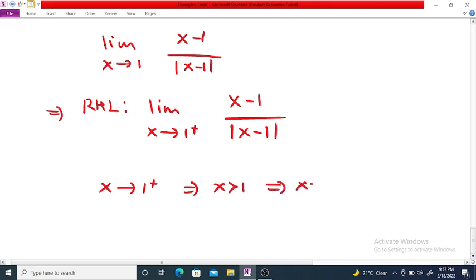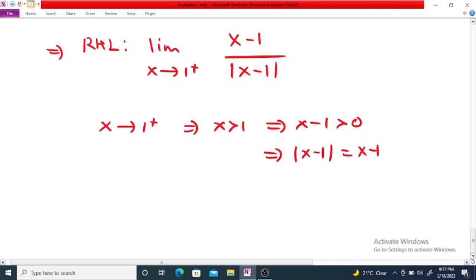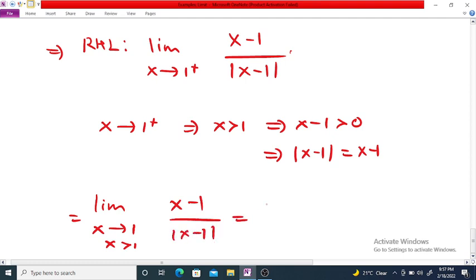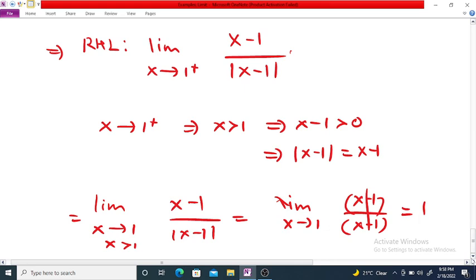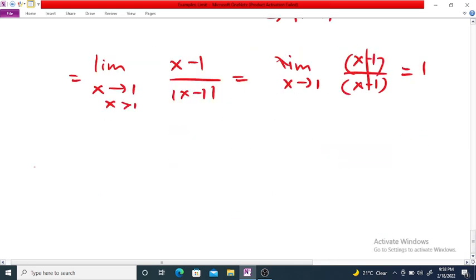This implies x minus 1 is greater than 0, and this implies mod of x minus 1 is equal to x minus 1, and therefore this limit is equal to limit x tends to 1 but x is greater than 1 of x minus 1 divided by mod of x minus 1. As x is greater than 1, it is equal to limit x tends to 1 of x minus 1 divided by x minus 1. This x minus 1 gets cancelled here, and the limit is equal to 1.